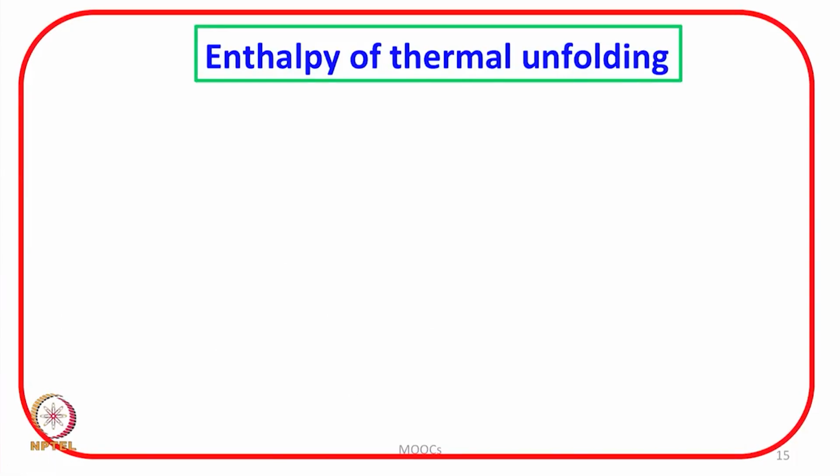First of all, the enthalpy of thermal unfolding. We have thoroughly discussed the meaning of heat capacity and its connection with the change in enthalpy. Heat capacity at constant pressure is defined by dH by dT at constant pressure. You see here we are talking about constant pressure.